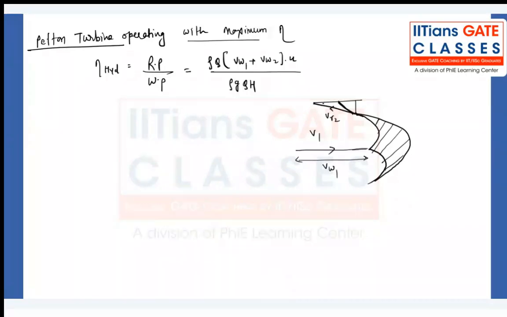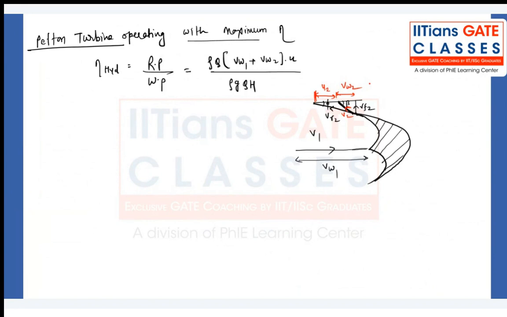This will be vr2. Again, this is phi, this is what we call beta, this is vf2, and with the red color which I am marking here, v2. From here to here we have u2, and from here to here we have v omega 2.